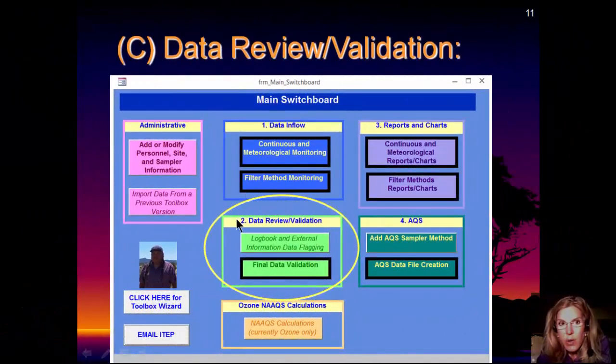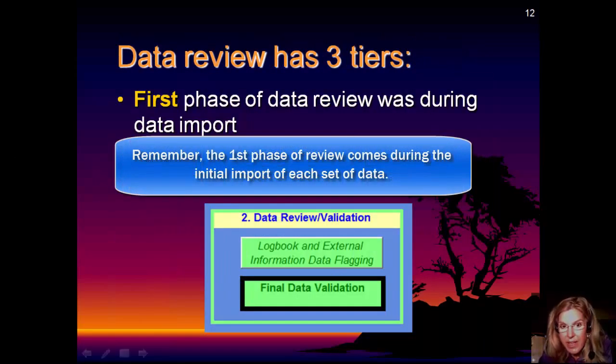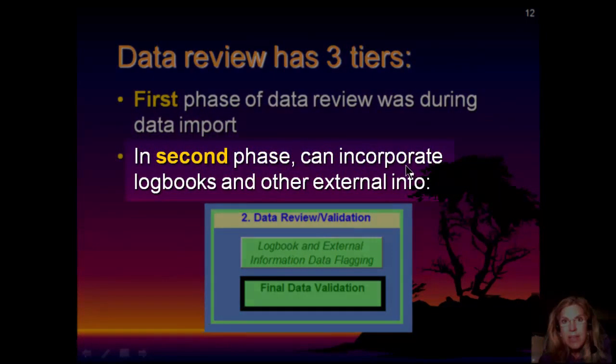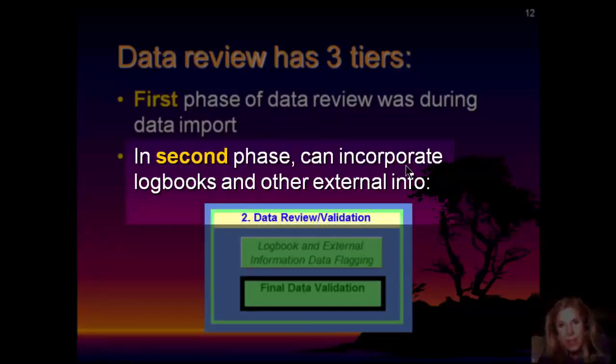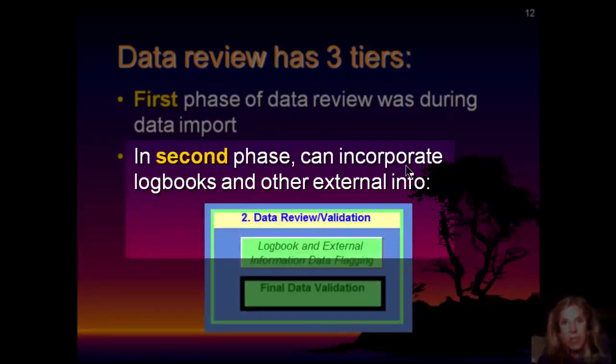The next category of operations after you've pulled your data into the toolbox is data review and validation. The second phase, for example, let's say you had an auditor come and they did some QC checks, they sent you the report, and you realize you need to invalidate those 3 hours when your auditor was doing checks, and the values produced by your analyzer represent whatever QC checks he was doing, not the actual ambient air pollution values.